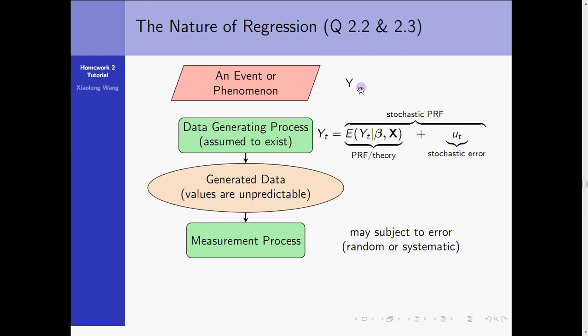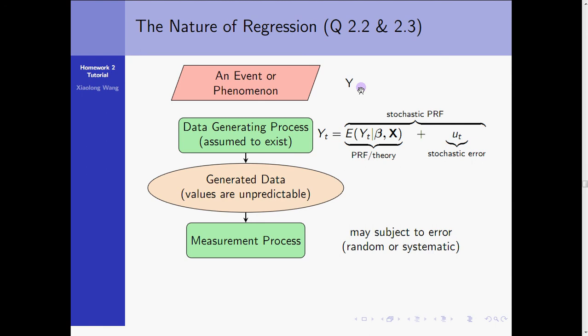But this measurement process may be subject to error. Those errors can be random or systematic. Later on, we will see how to correct those errors made in the measurement process. And if we don't correct them, they may affect our regression analysis and the estimated coefficients. But for now, let's assume that this measurement process is non-problematic, or we only have random error.